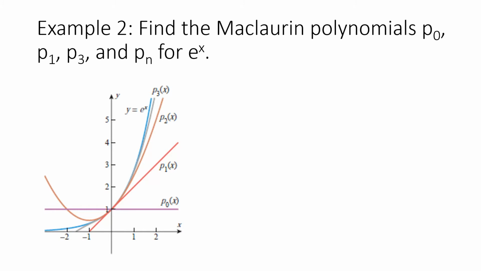Note that the graphs of the first, second, and third polynomials are virtually indistinguishable from the graph of e raised to x near x equals 0. So these polynomials are good approximations of e raised to x for x near 0. However, the farther x is from 0, the poorer the approximation becomes.